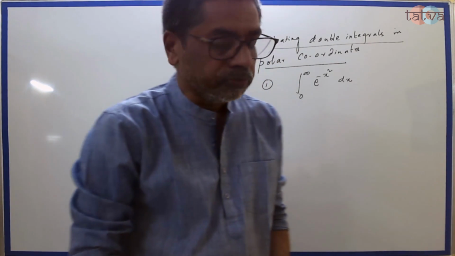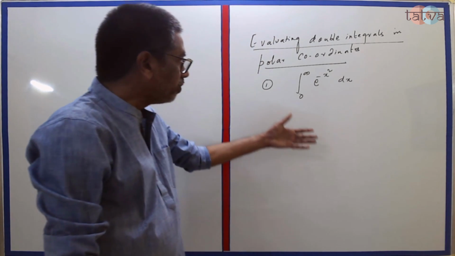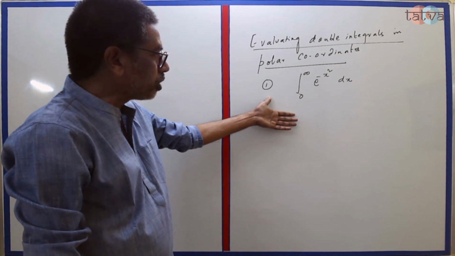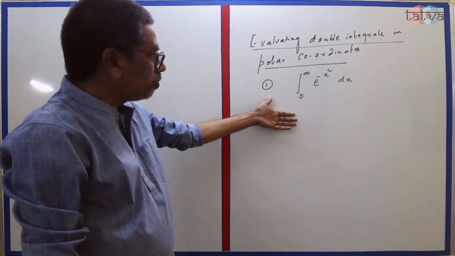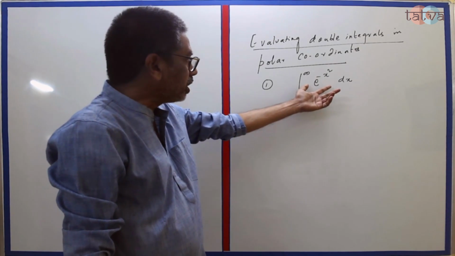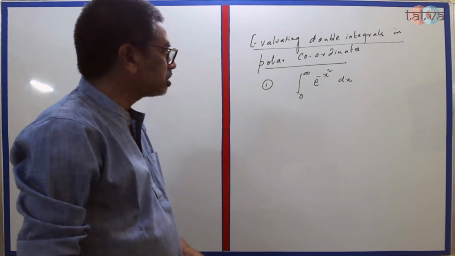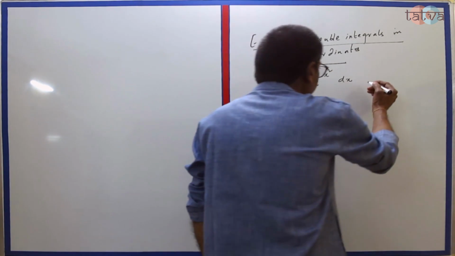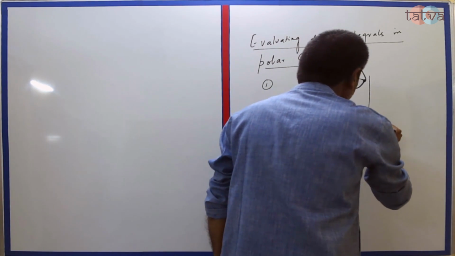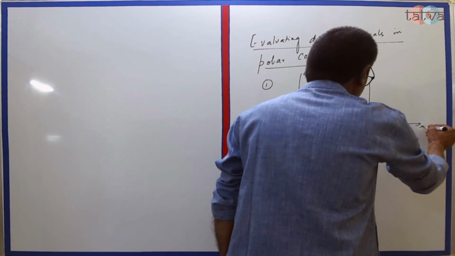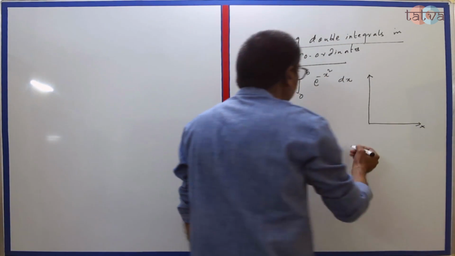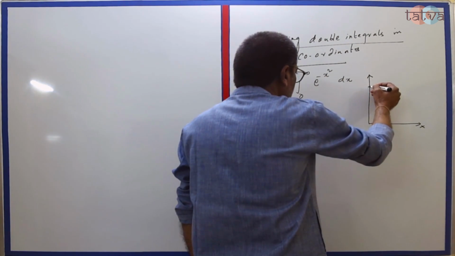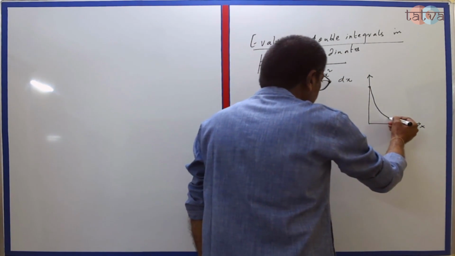My first problem is a very famous problem. It's an improper integral where I have to integrate e power minus x squared dx. The graph of e power minus x squared will be something like this.